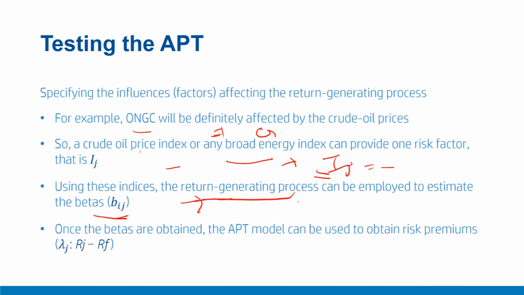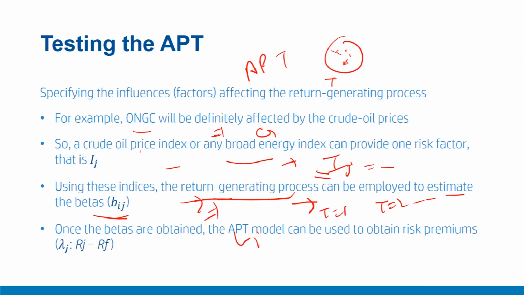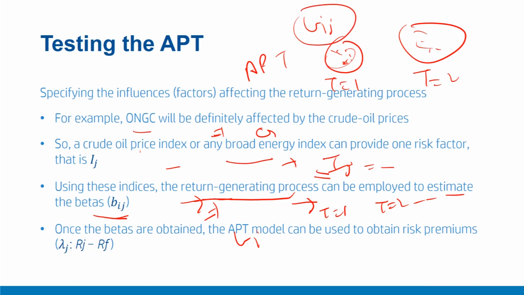These are time series regressions of individual securities over time, as we discussed, t equal to 1, t equal to 2, and so on for each of the securities. Once we have estimates of these Bijs, we can rely upon the APT model through cross-sectional regressions. In cross-sectional regressions, at each cross-section, t equal to 1, let's say, or t equal to 2, for multiple securities we have estimates of Bij.